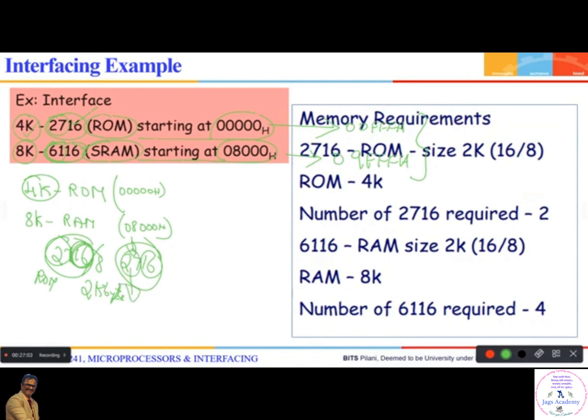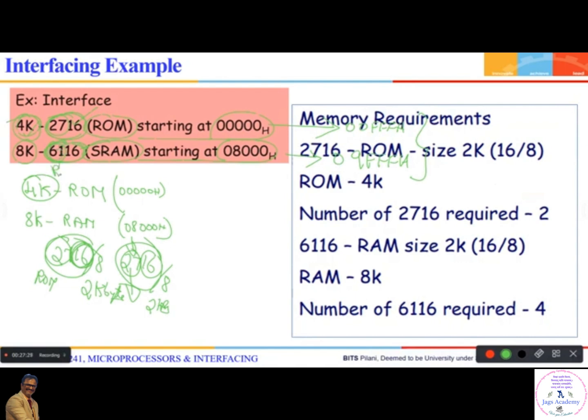The last two numbers, 16, divided by 8, give the size of the memory chip. Now tell me, what is the size of the 2716 memory chip? ROM, 2K. How much ROM do you have to interface? 4K. So how many 2716 chips do you have to use? 2.